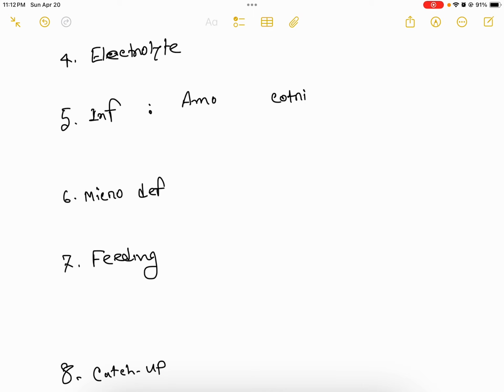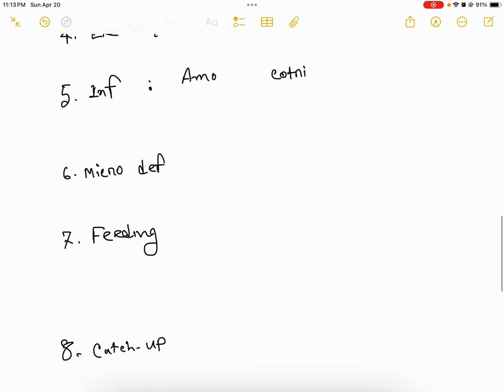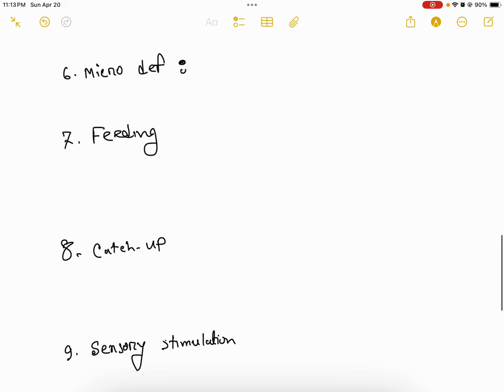Switch to IV antibiotics when there is no clinical improvement, lethargy, persistence of fever beyond 48 hours, deterioration after 24 hours, or septic shock or meningitis. Step 6, correct micronutrient deficiencies by supplementing vitamin A, multivitamin, folic acid, zinc, and copper for at least 2 weeks. Iron is given in the rehabilitation phase.